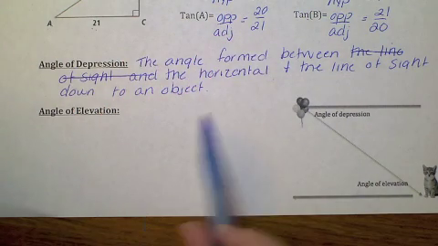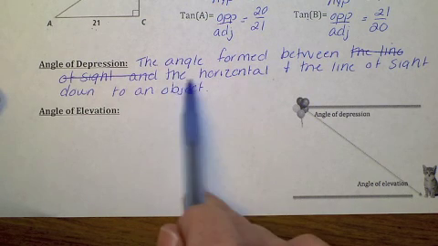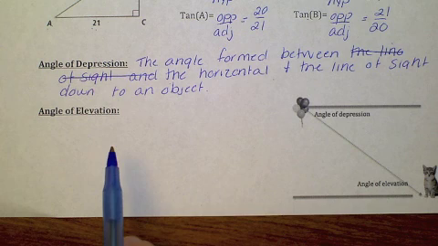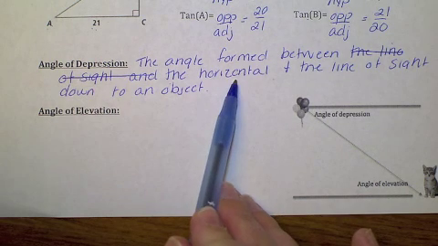And I want to stress, it's always formed with the horizontal. That's probably a big thing that people mess up. They sometimes draw their angle of depression with the vertical. It's always drawn with the horizontal.